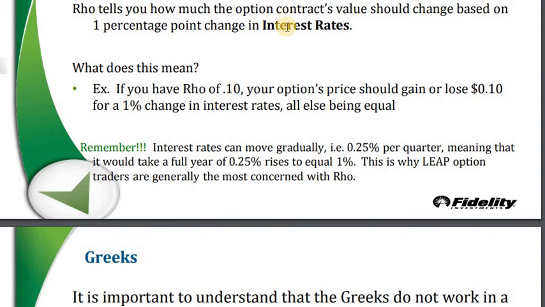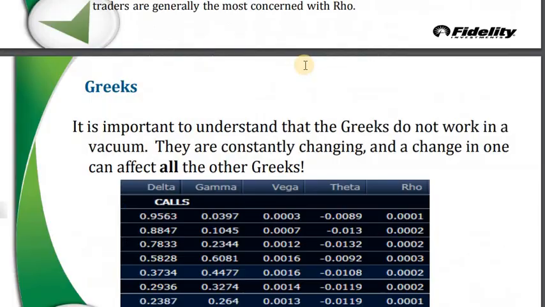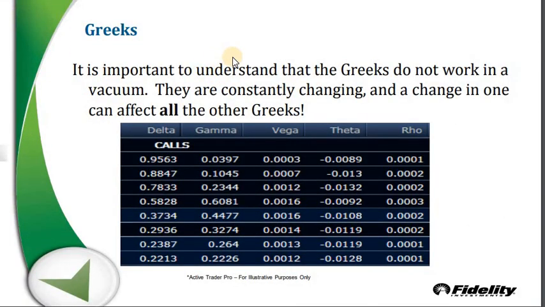Rho measures the interest component. It has very little significance in Indian markets as of now. But Greeks, so where do I get Greeks? As I told you guys earlier, we will get Greeks via the Black-Scholes model.